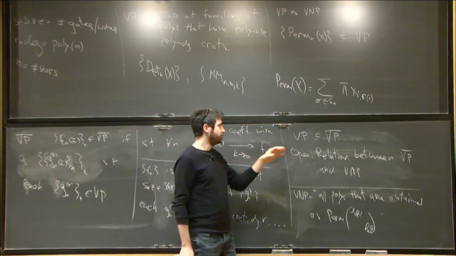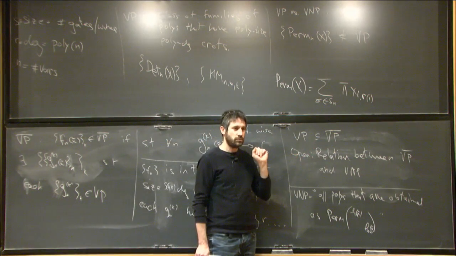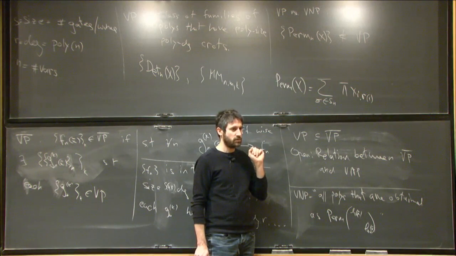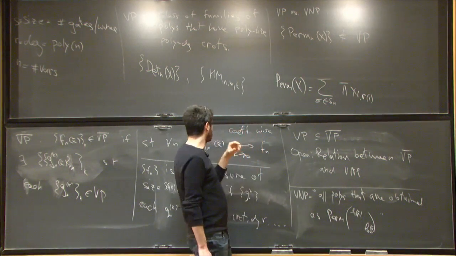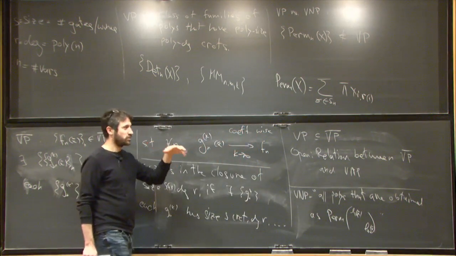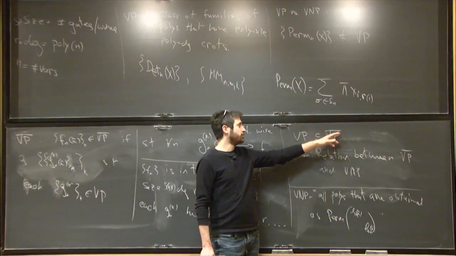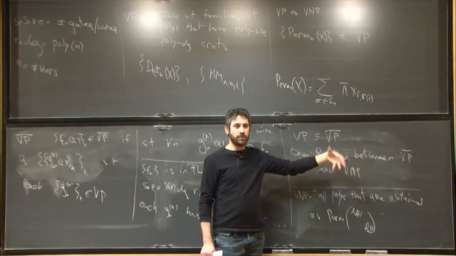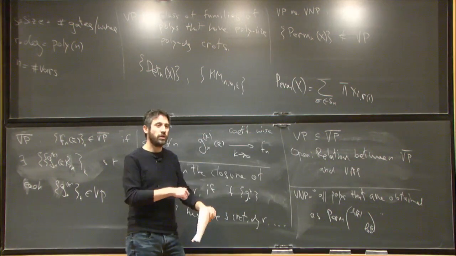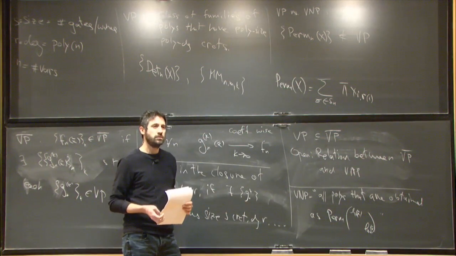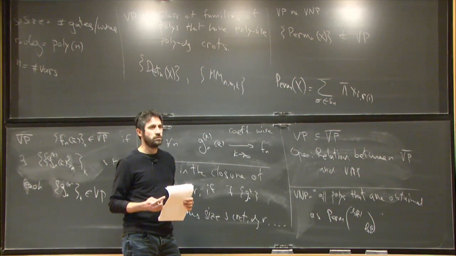Do you have any kind of upper bound on VP bar? Exponential size. Exponential is an upper bound. That's also not trivial. Maybe when we speak about the example, I'll say something about why it's exponential. You fix the degree here, so everything is in some fixed degree.